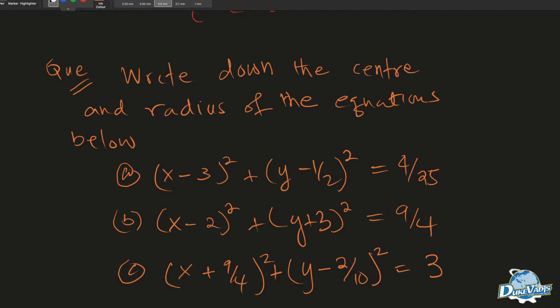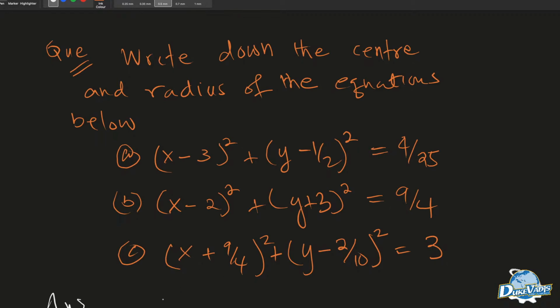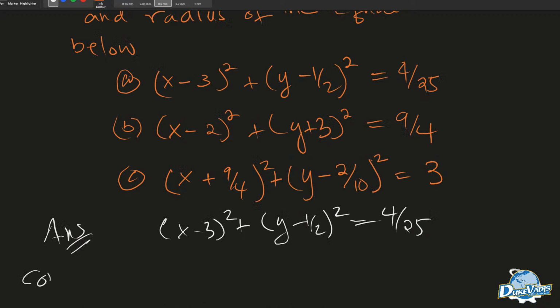Let's tackle the first one. So we have x minus 3 squared plus y minus half squared equals 4 over 25.